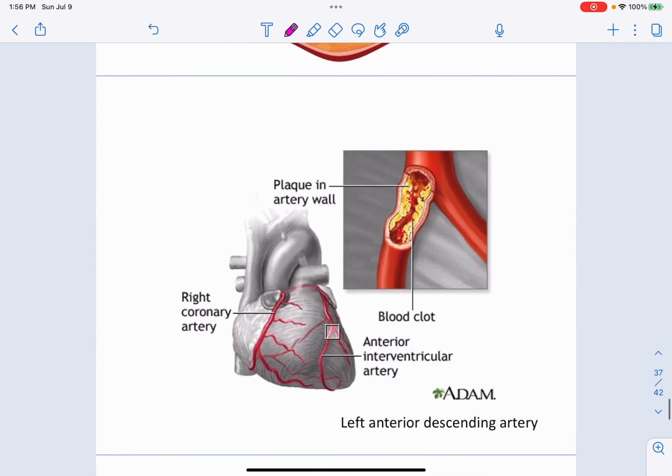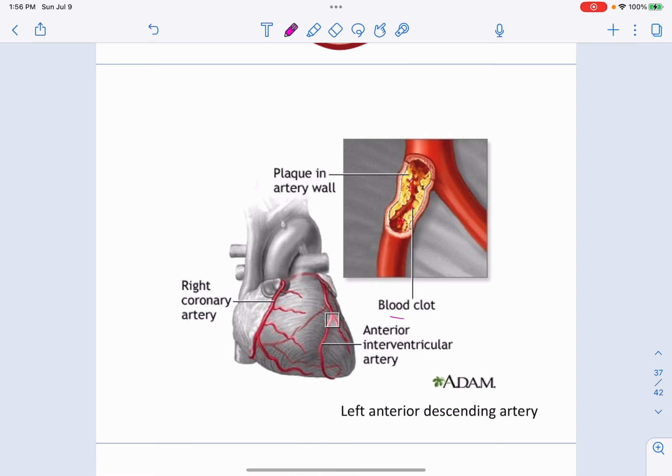And what happens, and a lot of times it happens with this anterior interventricular artery, is that you will lose blood flow to that artery that is supplying those ventricles with blood. Oh, here's the LAD, the left anterior descending artery. I think I said it right then.